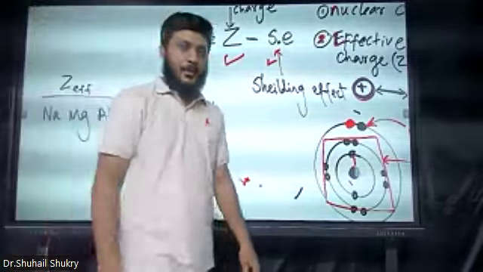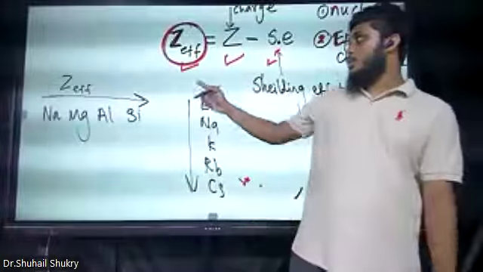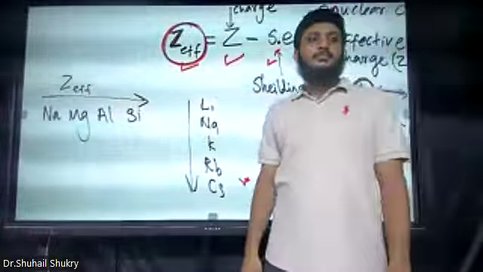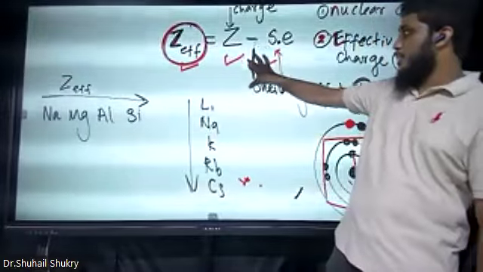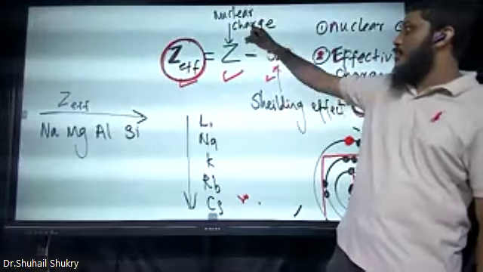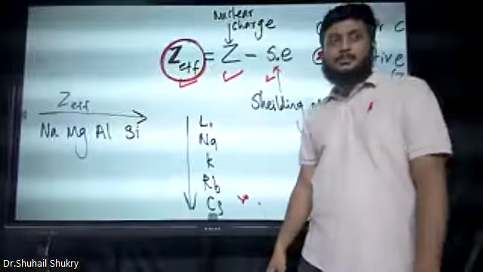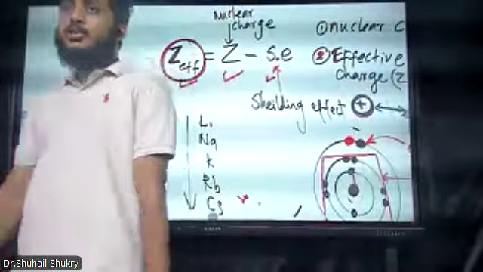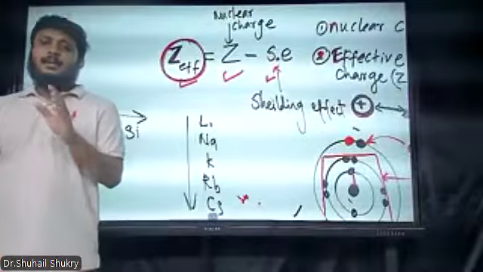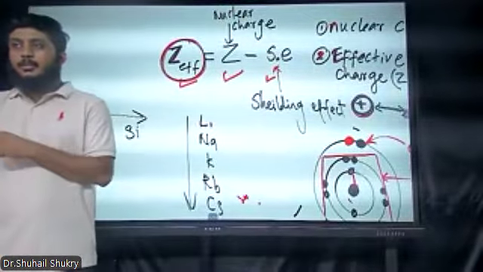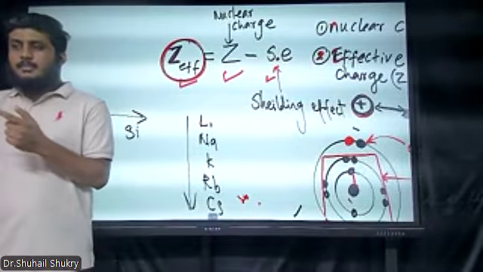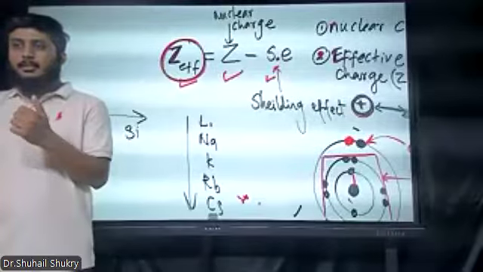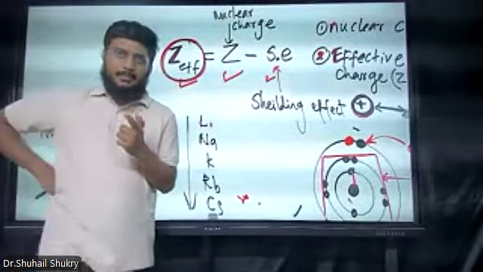Now I told you how you get the effective nuclear charge. I showed you how you get the effective nuclear charge from nuclear charge minus shielding effect. Now think, and when you answer, you should raise your hand. First, increase; second, decrease; third, constant.